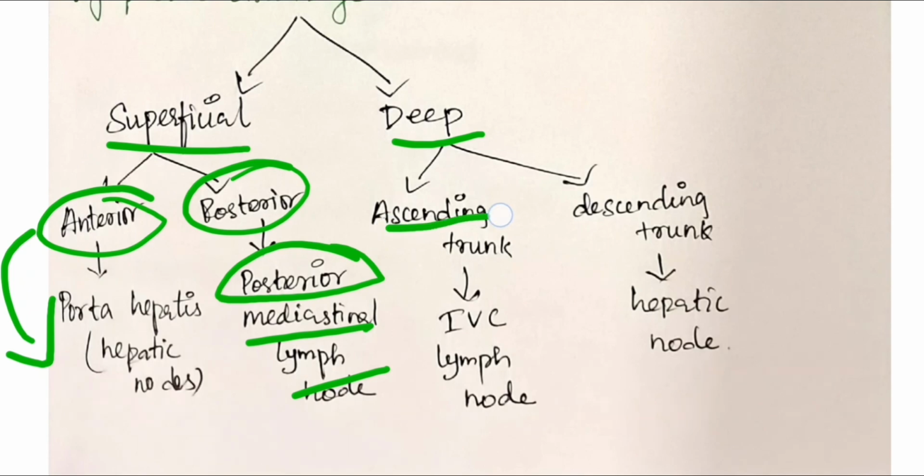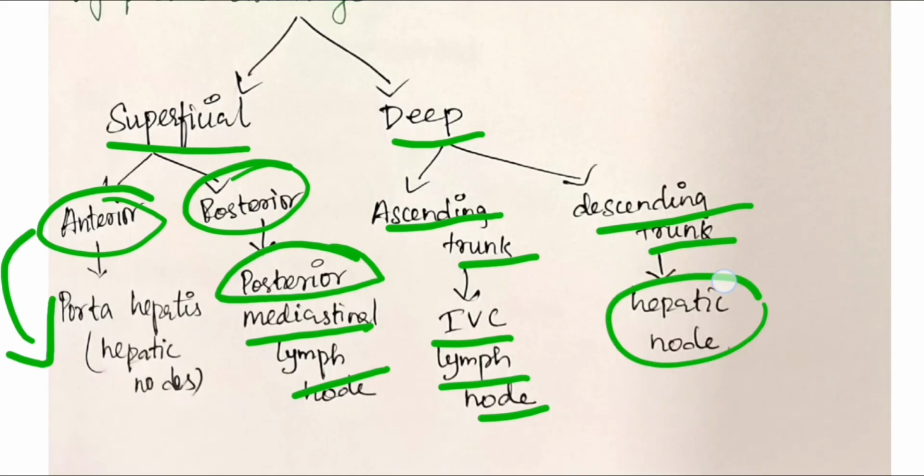In deep, we have ascending trunk and descending trunk. The ascending trunk ascends and drains into the IVC lymph nodes, which surround the inferior vena cava, and the descending trunk drains to the hepatic nodes in the porta hepatis. So these are the lymphatic drainage.